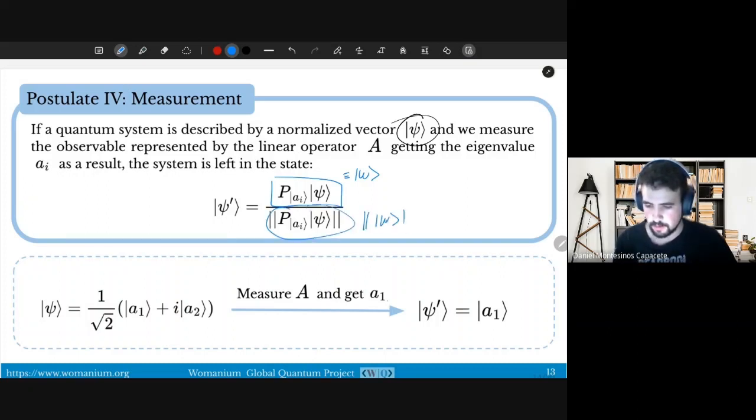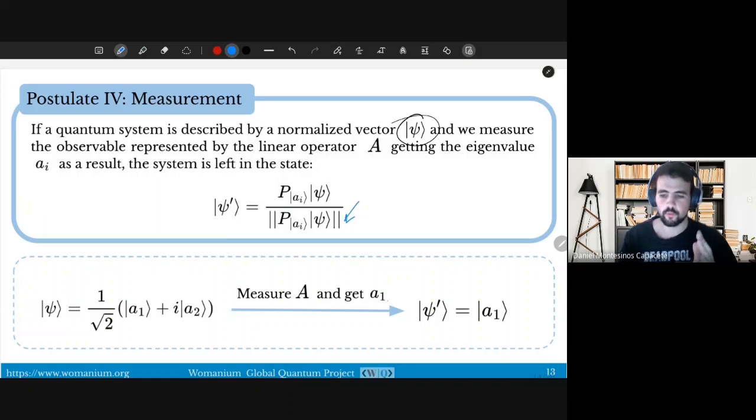You do this just in order for this vector to be normalized. That's why you are dividing by the norm of this vector. I know this expression can look a little complicated, and the idea is simpler than that.